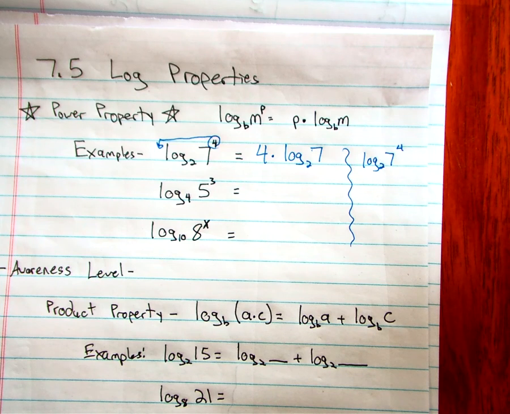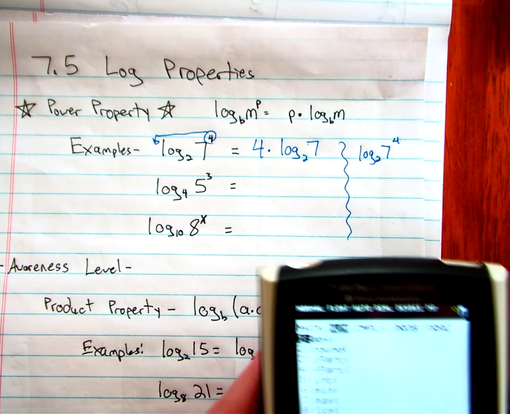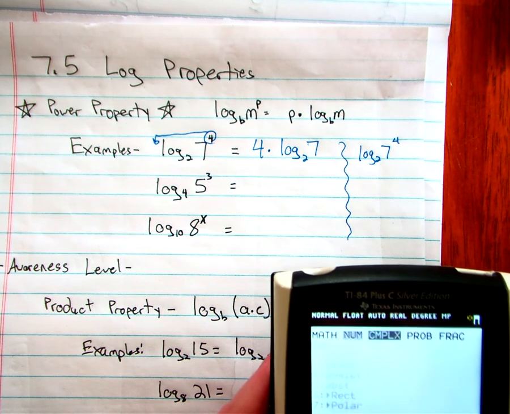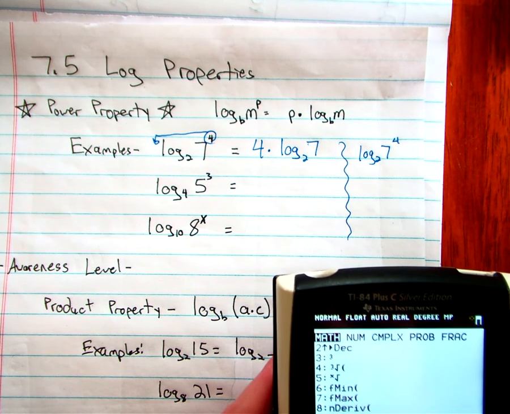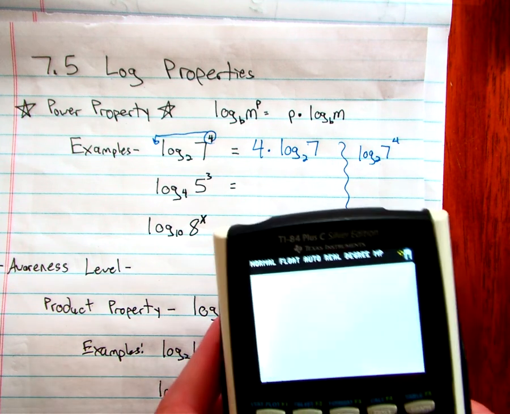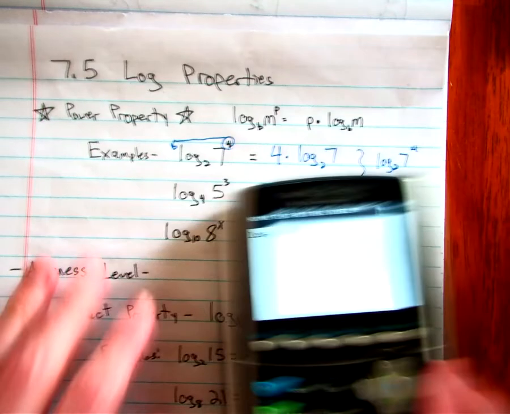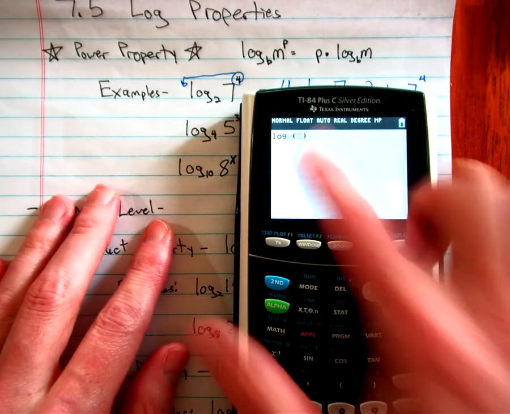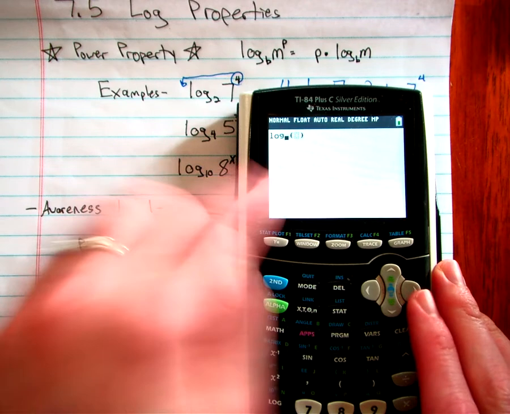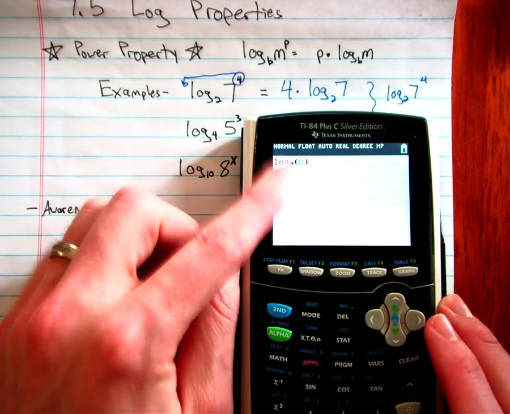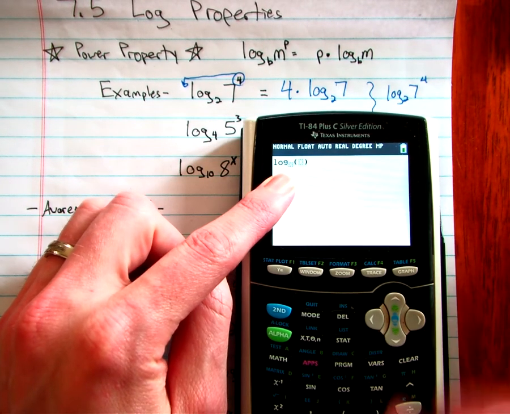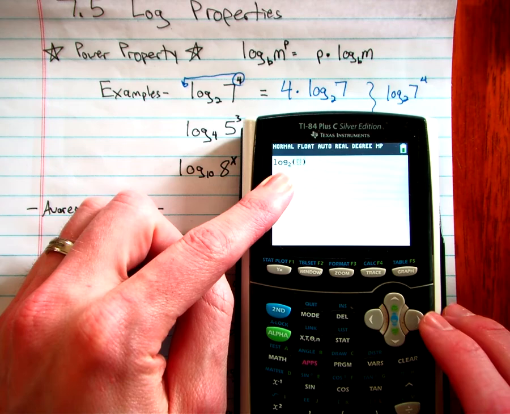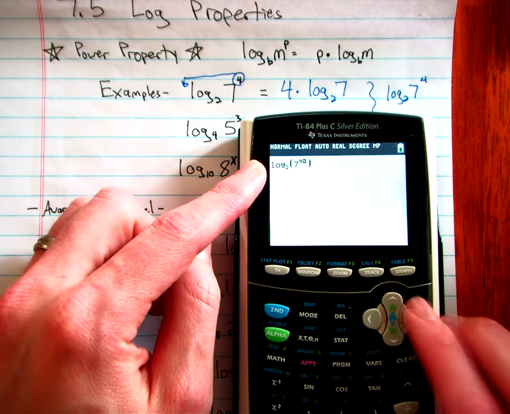Same thing. Okay, so let's see if I can find a good one here for you on the calculator to prove it. If you have the nicer, newer, more updated calculator that allows you to put your own base in, you can actually test this out. Log base 2 of 7 to the 4th.